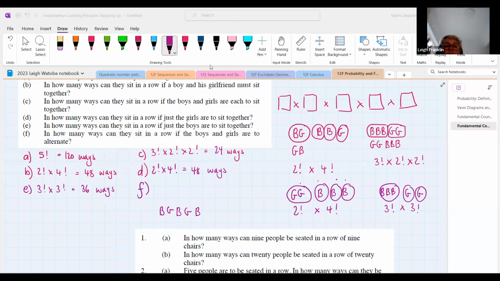Okay, now I want to stop you there. Both Lindelwa and Mamelo have used 3 factorial. Where does your 3 factorial come from? Can you explain that, where your 3 factorial comes from?